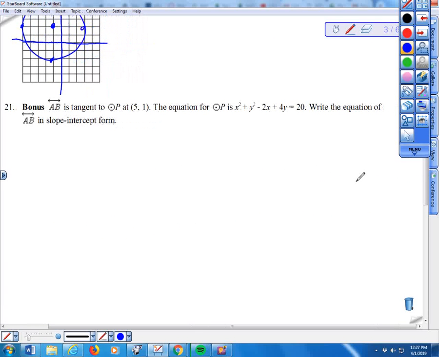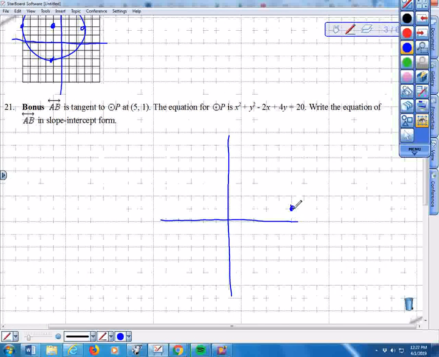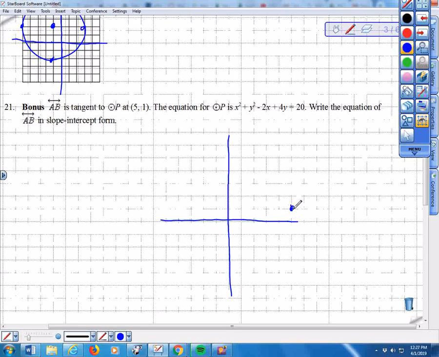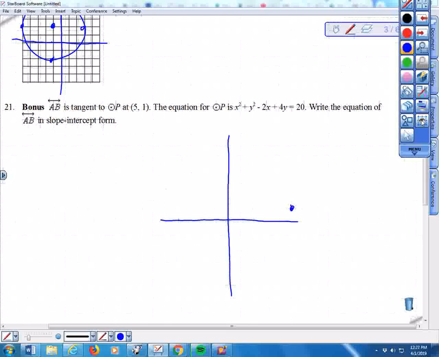Okay, bonus question. AB is tangent to circle P at 5, 1. The equation for P, oof, this is a good one. Anybody remember how to complete the square?